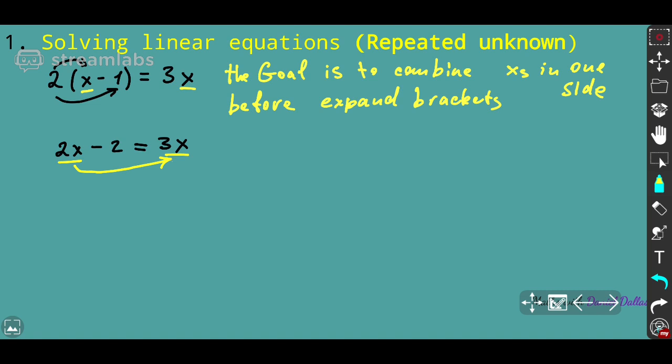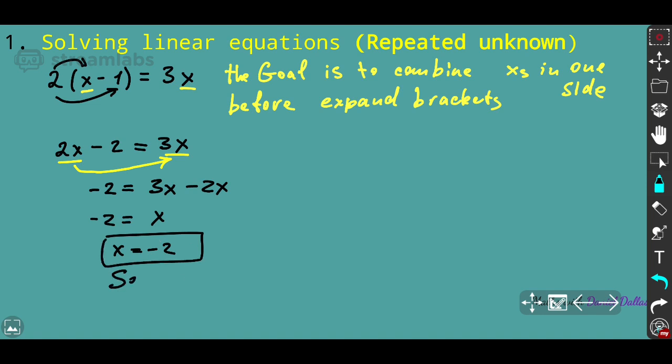Why? Because let's compare. If it is transferred to the right side, you'll get negative 2 equals 3x minus 2x. And now you simplify, so 3x minus 2x is simply 1x, okay? Equals negative 2. Or, obviously, it's better to flip it over and say that x is negative 2, okay?